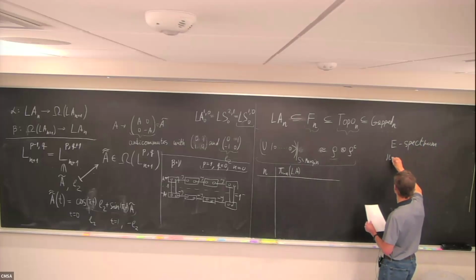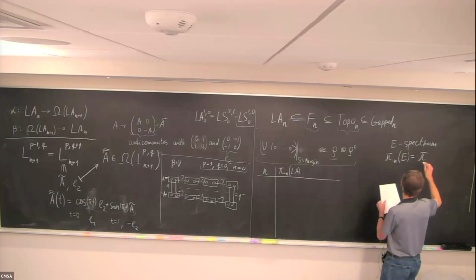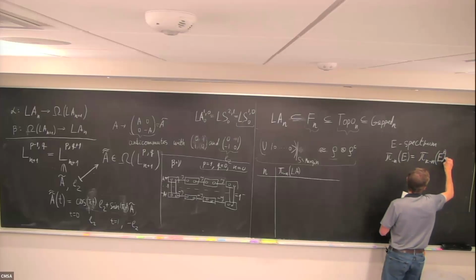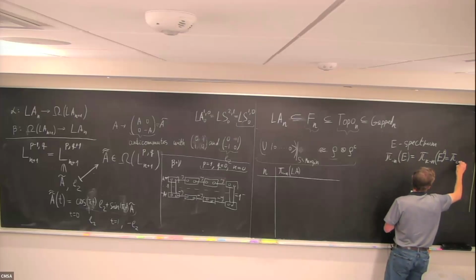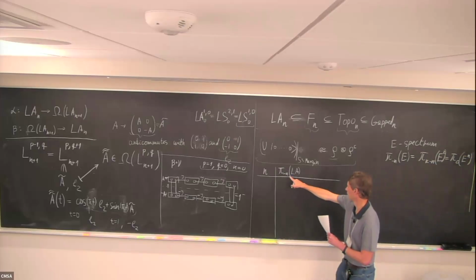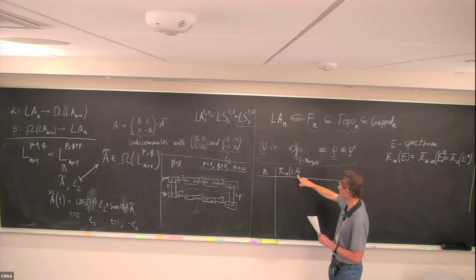Then pi minus A of E is the same as pi. So pi minus n means pi 0 of LA sub n, which means different phases.